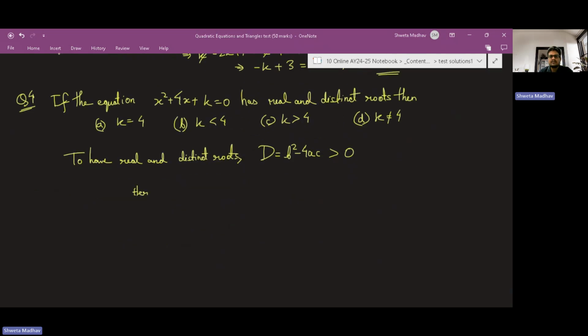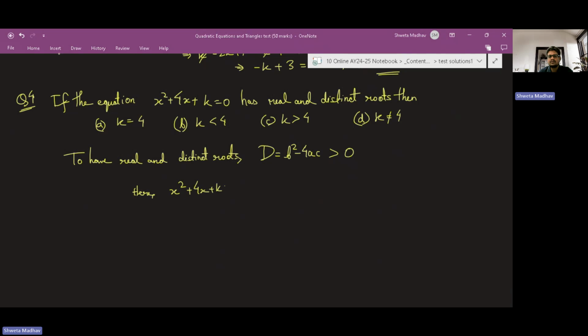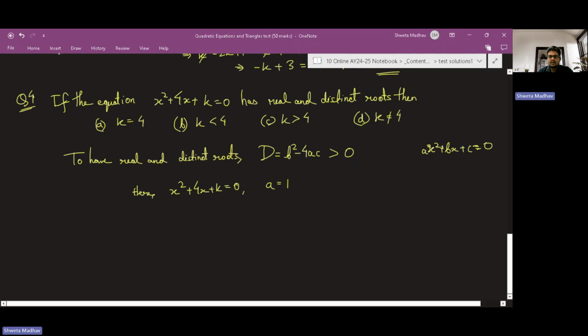Here it is given x square plus 4x plus k equal to 0. If we compare it with ax square plus bx plus c equal to 0, then a is equal to 1, since it is the coefficient of x square, b is equal to 4, which is the coefficient of x, and c is the constant term, which is k.